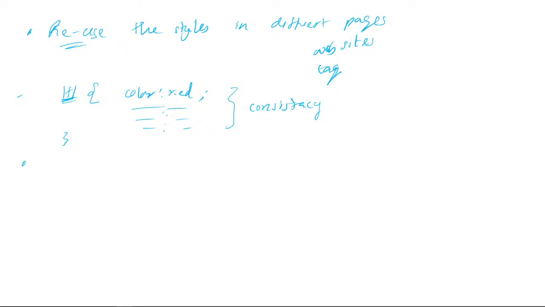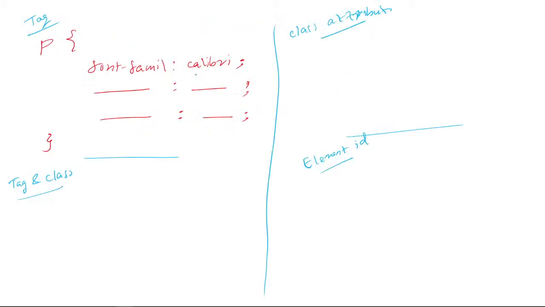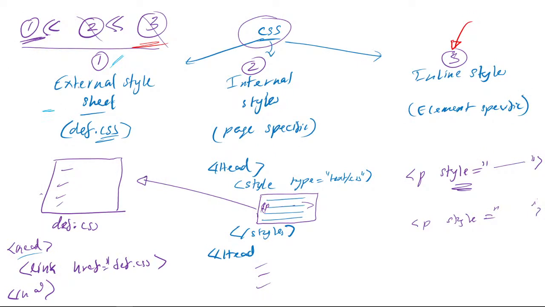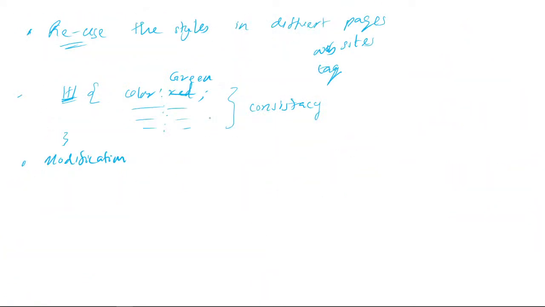And if you want to make sure that the header should not be red but green, you just have to change it only one time, right? When you do modifications, especially when you are using external style sheets, or of course internal styles as well, you will have only one location to modify so that you can get a completely different output, right?